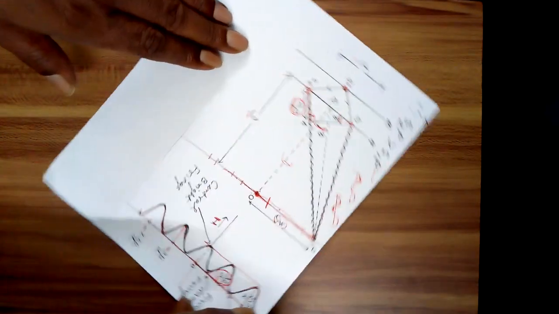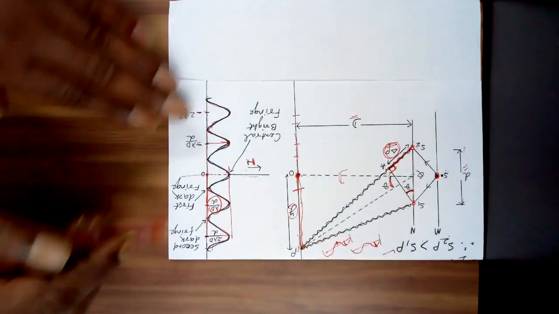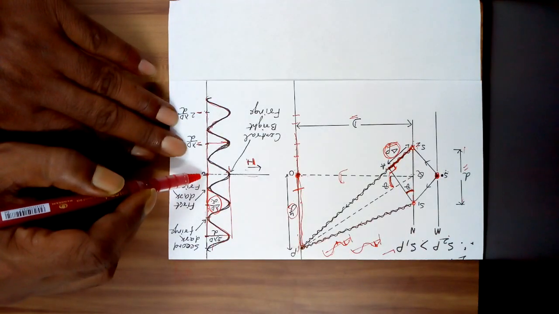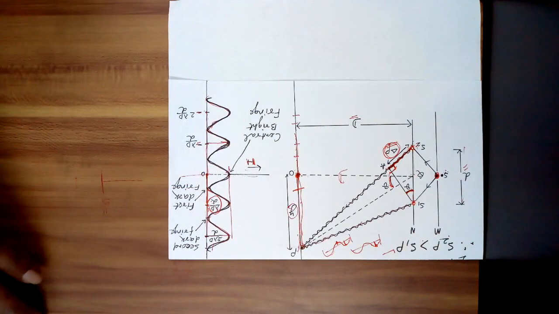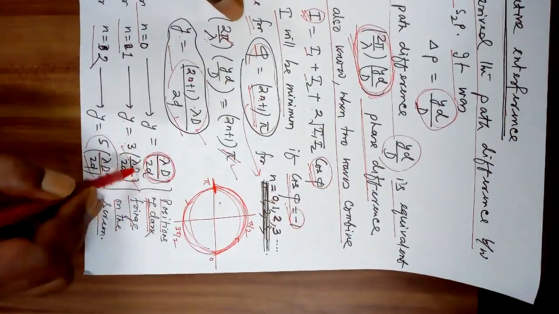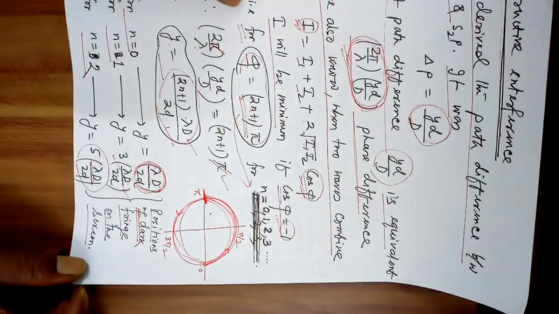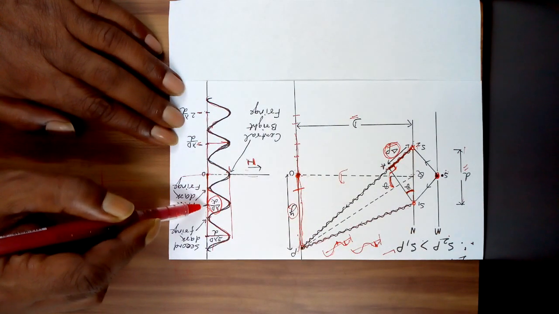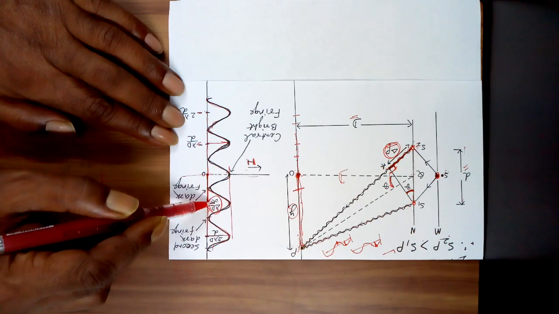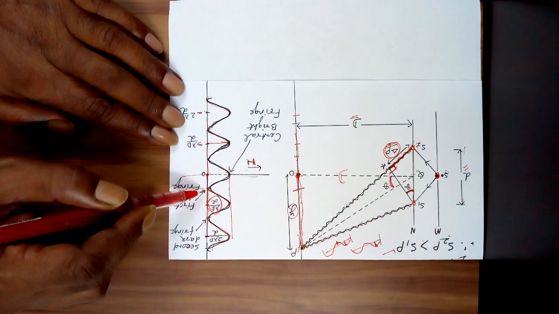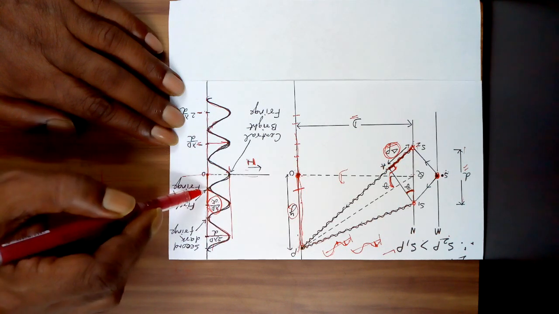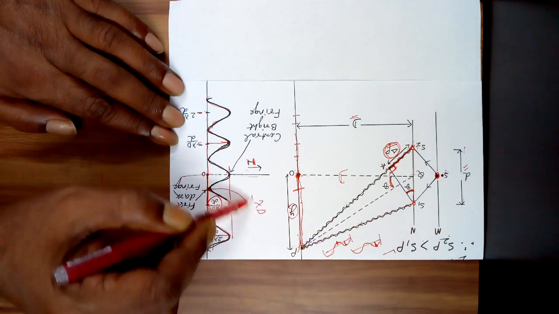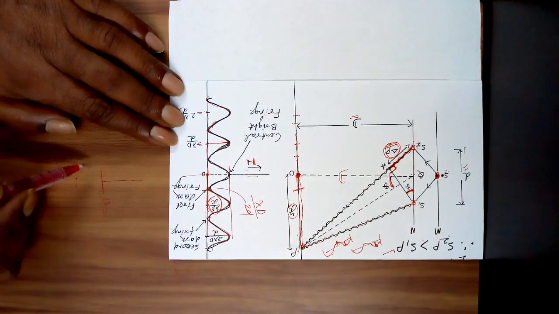Let us tilt the diagram. From here, at a distance lambda capital D over 2D, right? Lambda capital D over 2D. From here to here was lambda capital D over small d. Now half of that. So this point is lambda capital D over 2D.